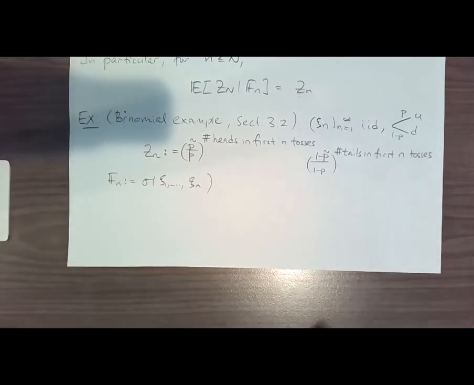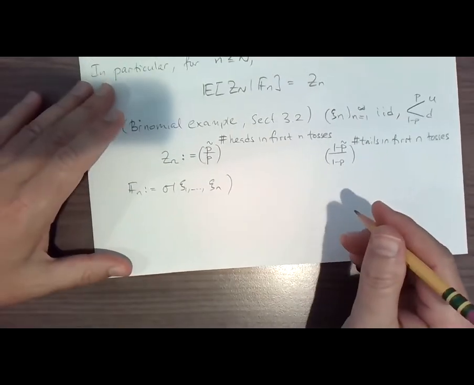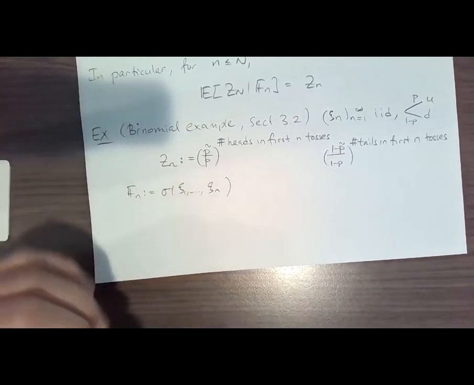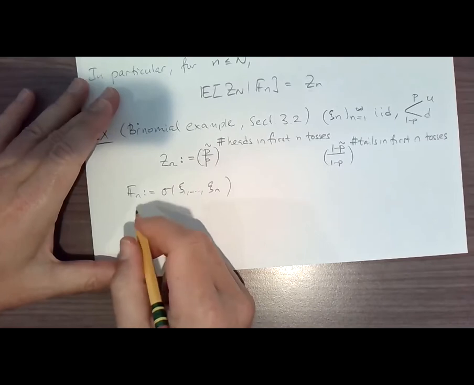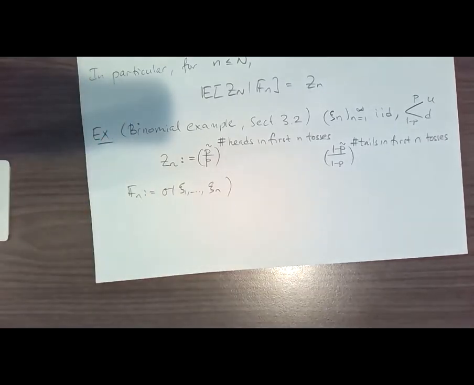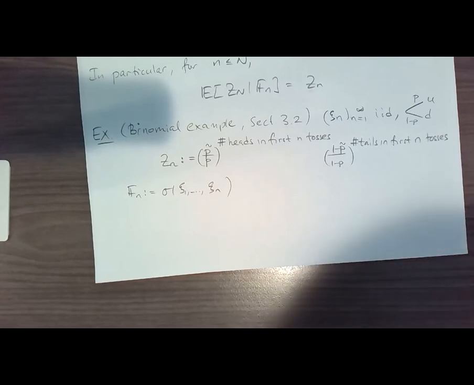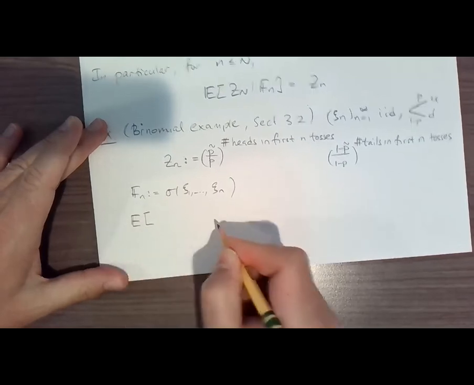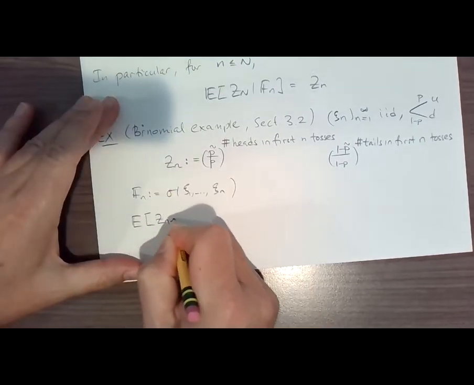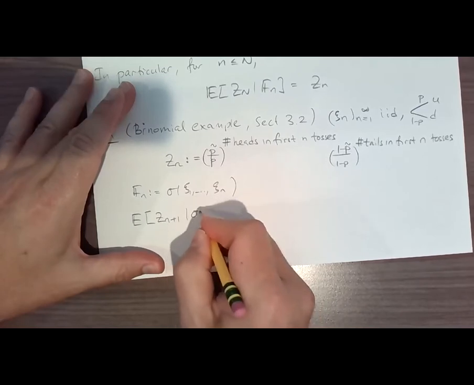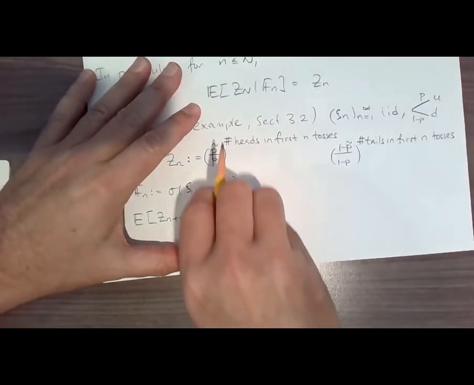Well, the recipe is more or less the same as before. What we would do is take the expectation of Z_{n+1}, conditioned on the first n tosses. So we call this F_n.